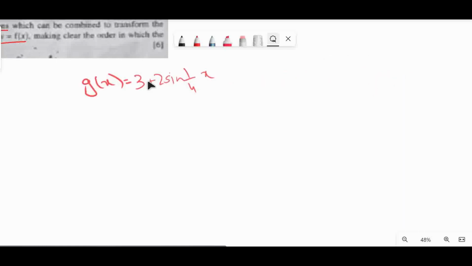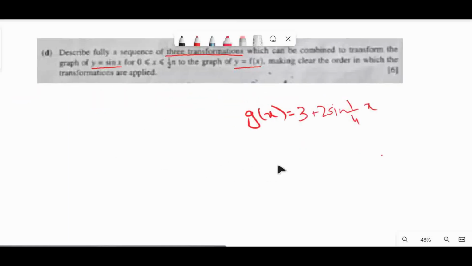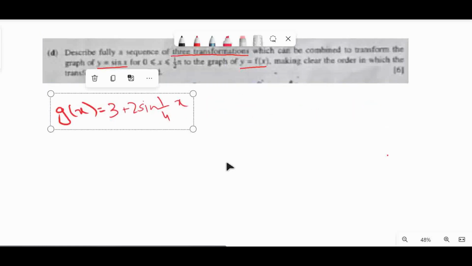So we can just copy it over here. So from here we can clearly see that this is the final answer and we have to describe this transformation.